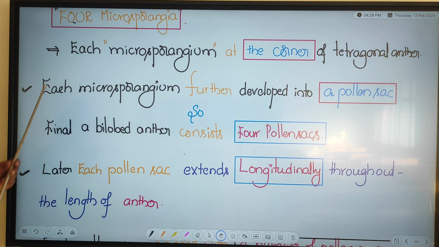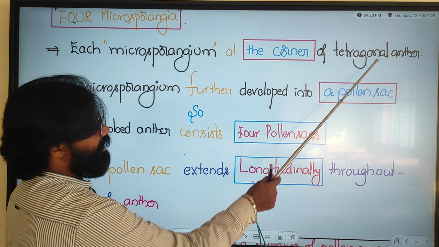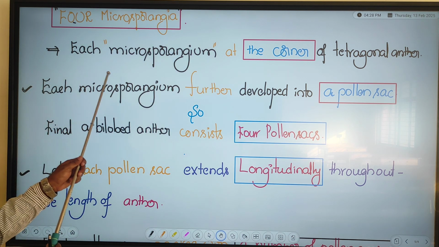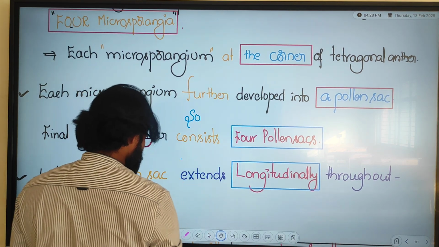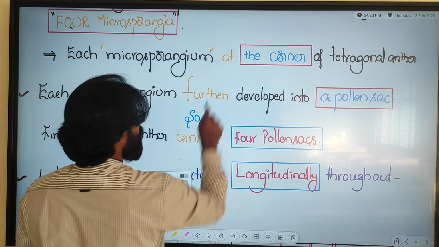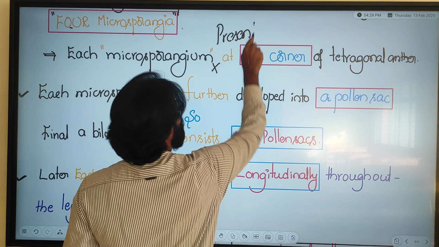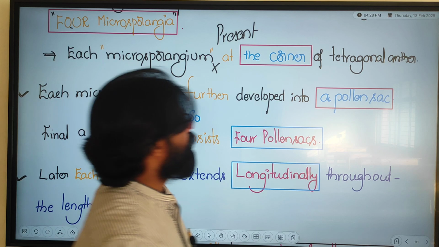Next, each microsporangium is present at the corner of the tetragonal anther.